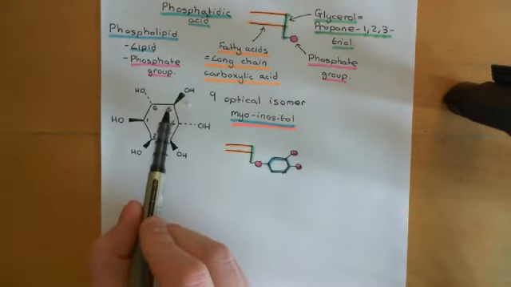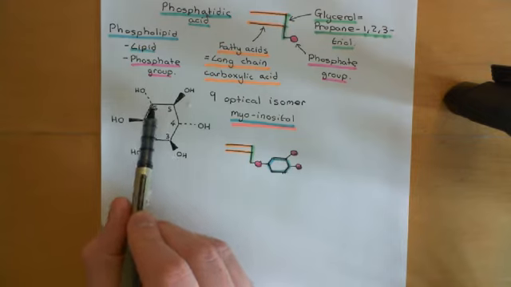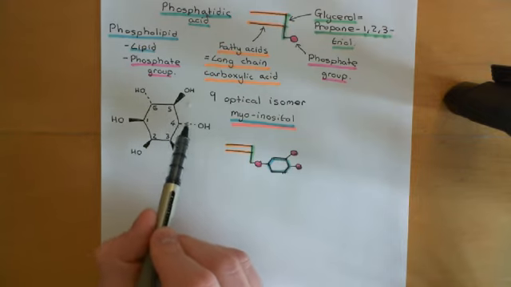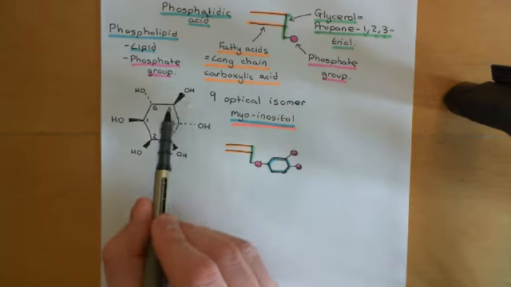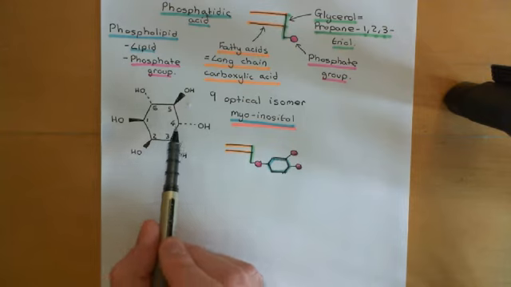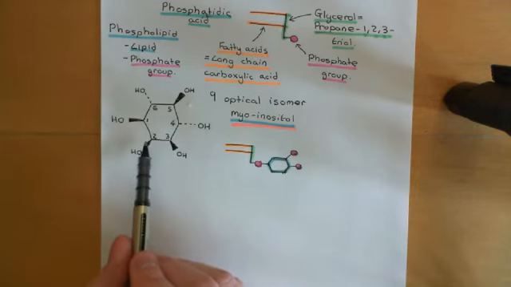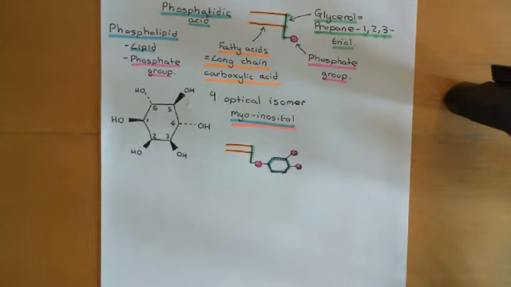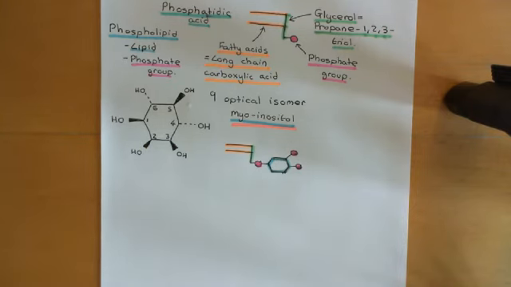To really labour this point, the fifth carbon here is between two carbons which have their alcohol groups oriented in the opposite direction to the way that the fifth carbon's alcohol group is oriented. Whereas the third carbon is between two carbons, one of which has its alcohol group oriented in the opposite direction to the way it has its oriented, but the other has its alcohol group oriented in the same direction as it has its alcohol group oriented in.